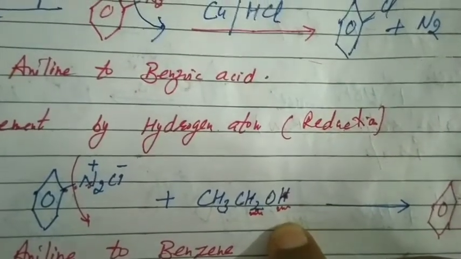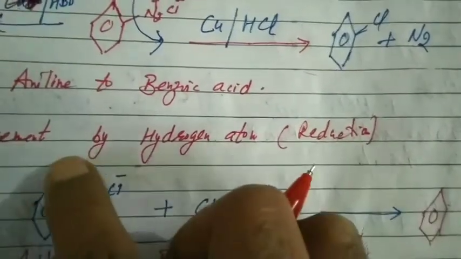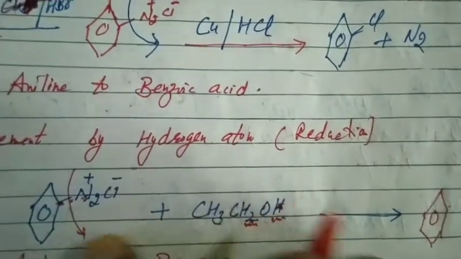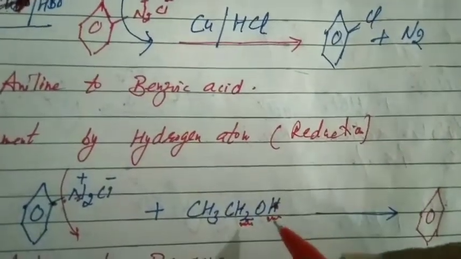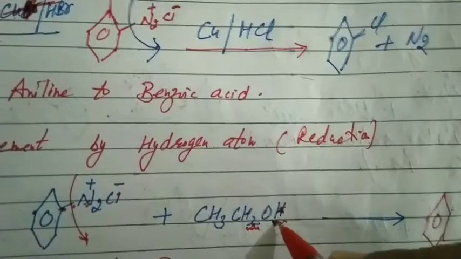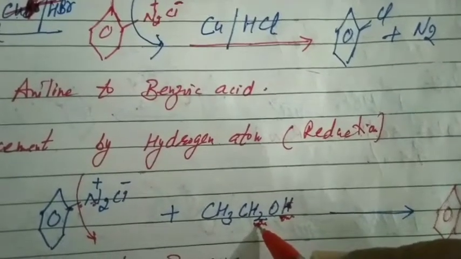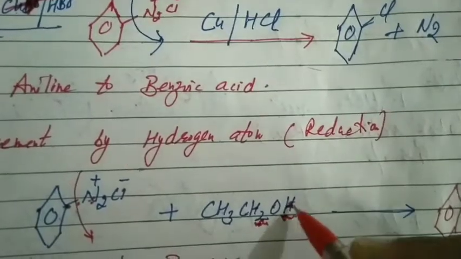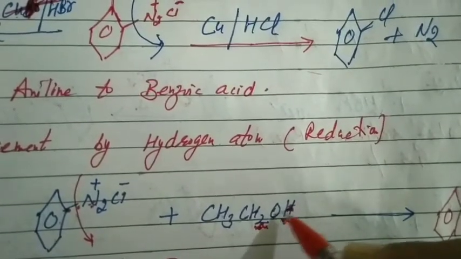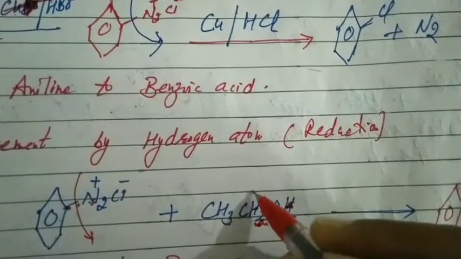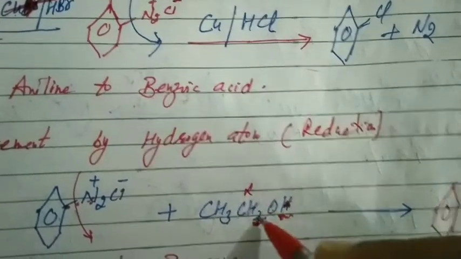When we treat diazonium salt with alcohol, the reaction proceeds due to the diazonium ion group, and in alcohol, the reaction proceeds due to the hydroxyl group as well as the alpha carbon atom of the alkyl group. Both will lose hydrogen.